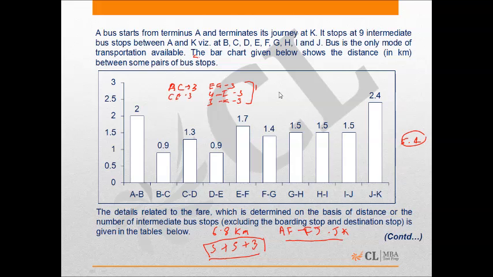So the total fare that one has to pay in this case will be 15 plus 15, which is the maximum possible fare that one can pay for making a round trip journey.